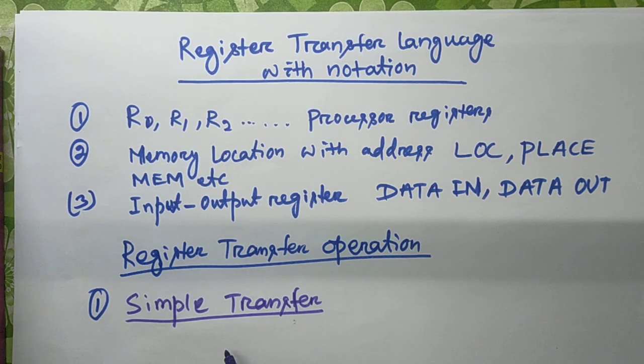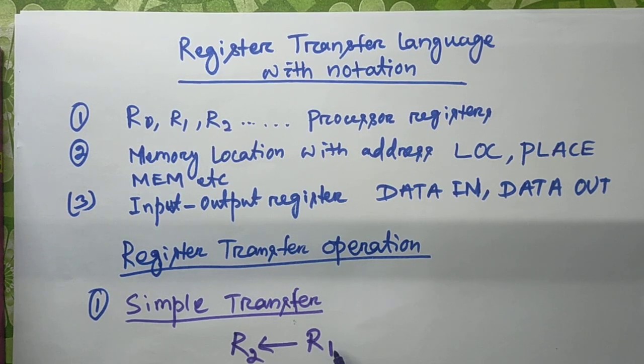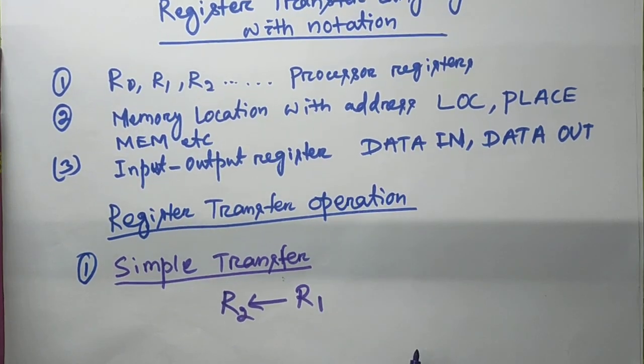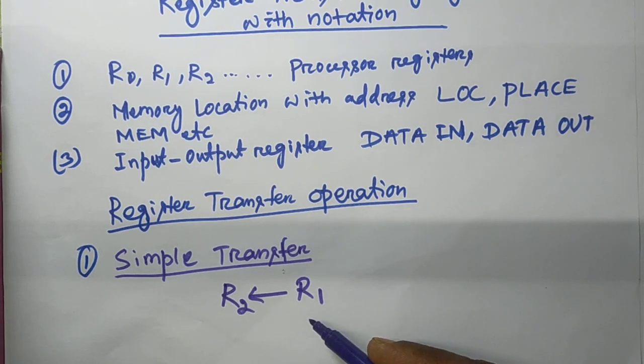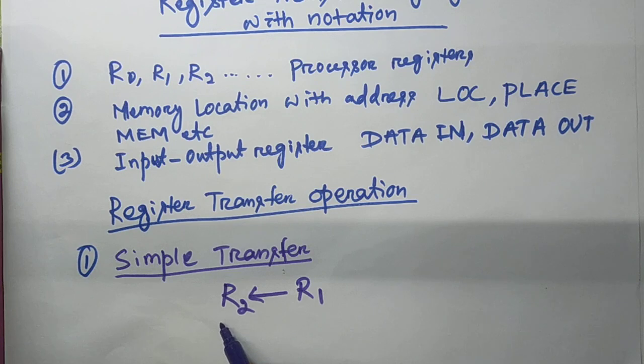Like R1 to R2: the content of R1 is transferred to R2, or a copy of the content of R1 is transferred to R2. In this way, the content transfer we call a simple transfer.